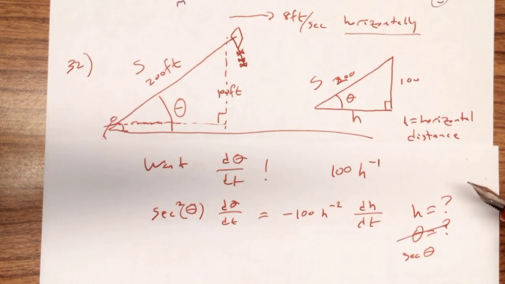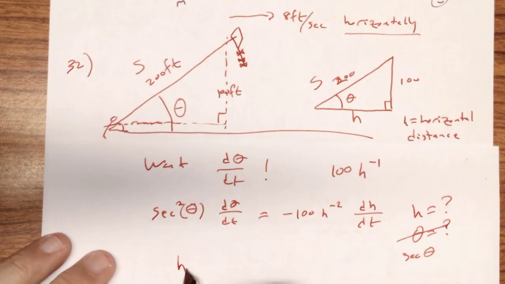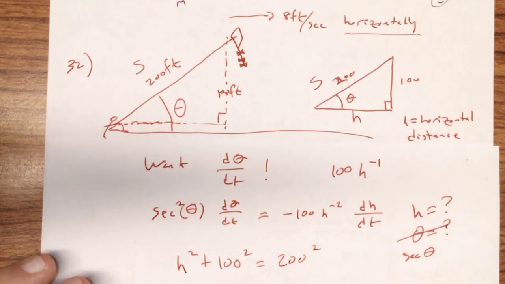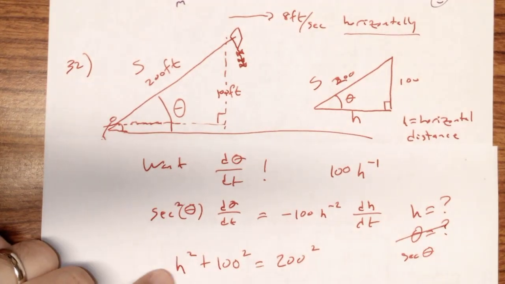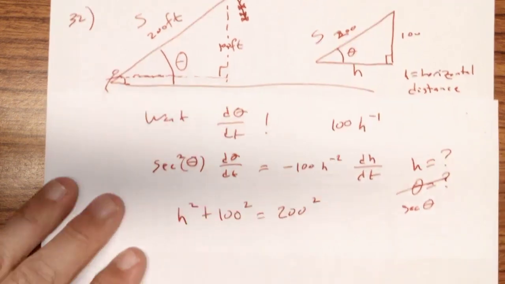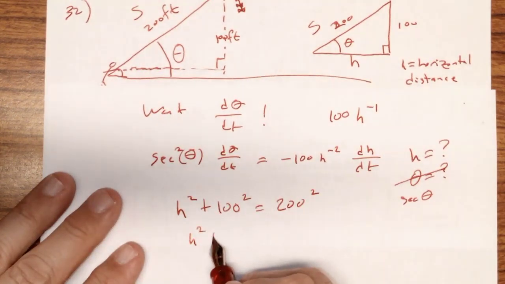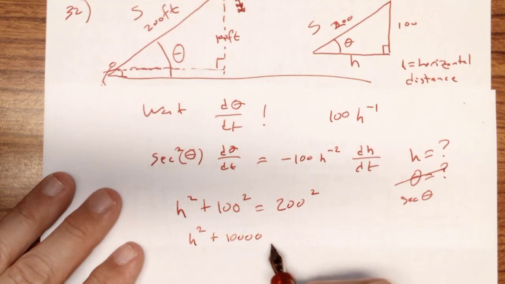Well, now I can use Pythagoras. I know that h squared plus 100 squared equals s squared, but we are told we are doing this when 200 feet of string has been pushed out, which means h squared plus 100 squared is 200 squared. Oh, wait a minute, that's h squared plus 10 to the fourth.